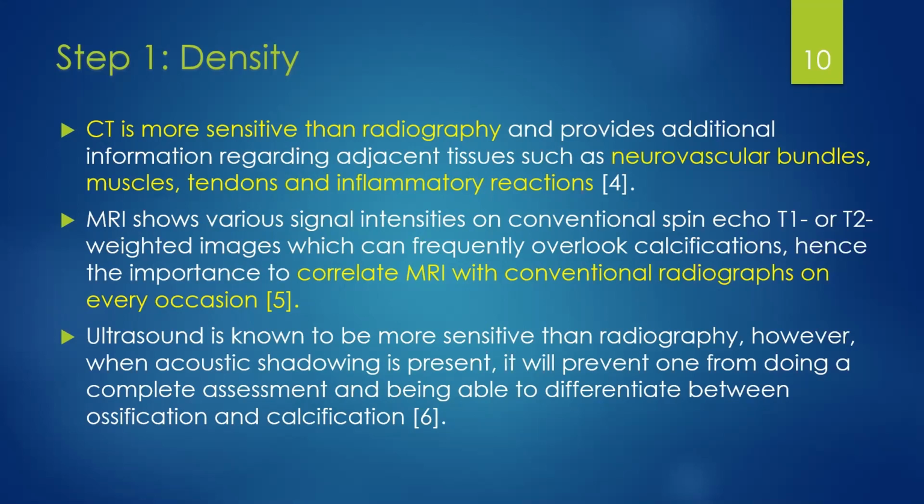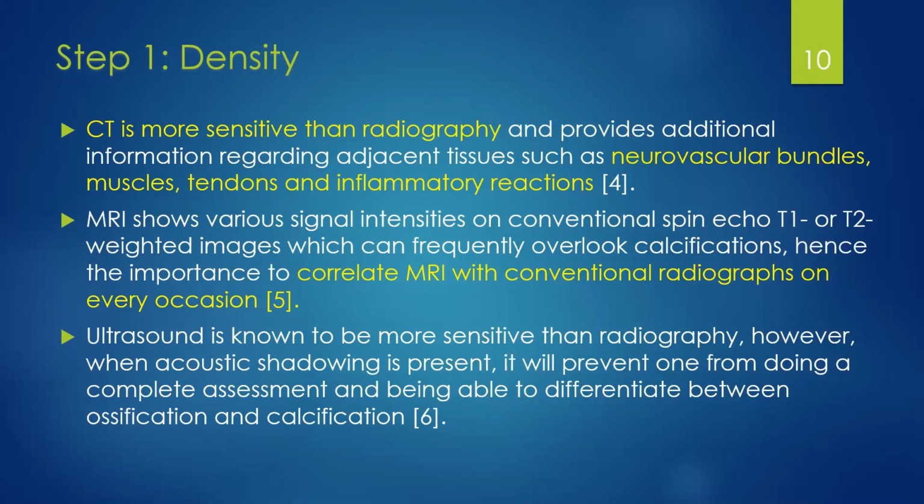MRI shows various signal intensities on conventional spin echo T1 or T2 graded images, which can frequently overlook calcifications. Hence, the importance to correlate MRI with conventional radiographs on every occasion.